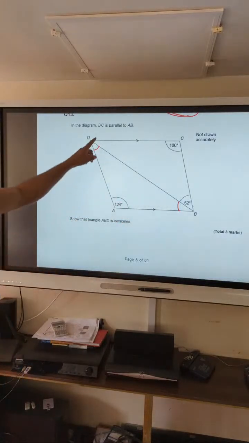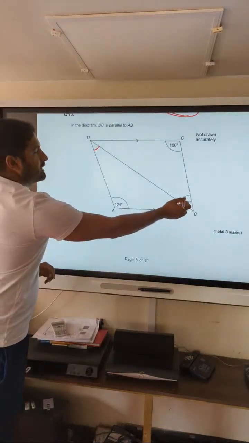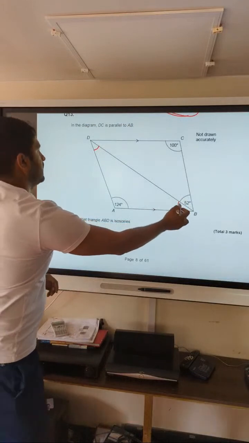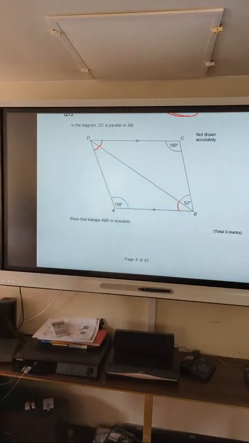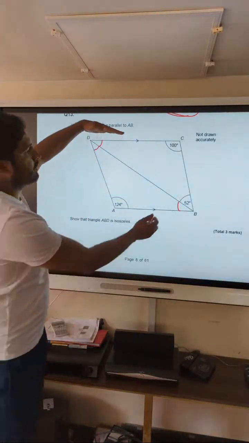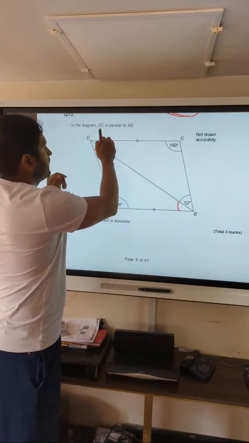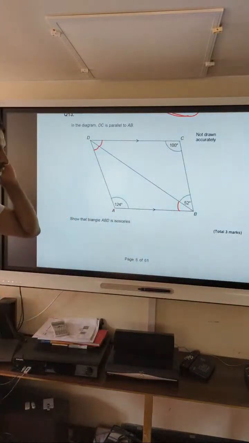Okay, and if the two lines are parallel, then this angle here is same as this angle here. That angle is same as that one, because it's always alternate angles. Okay. We don't know about these two because these two lines are not parallel, so it can't be 52 for that one.